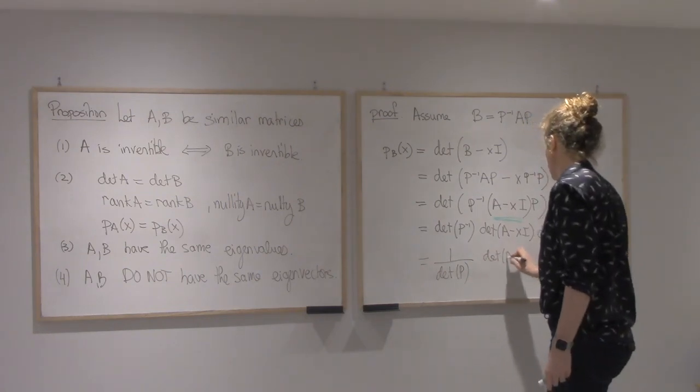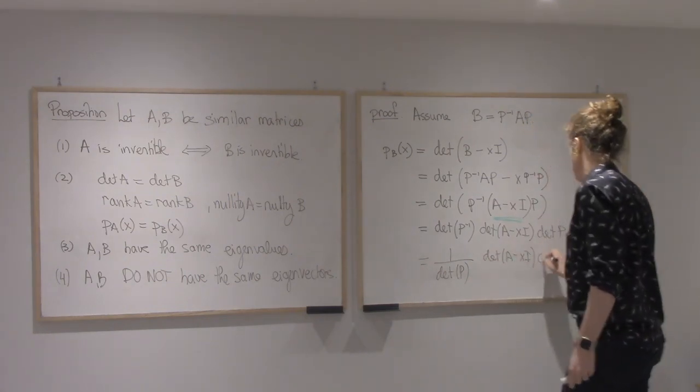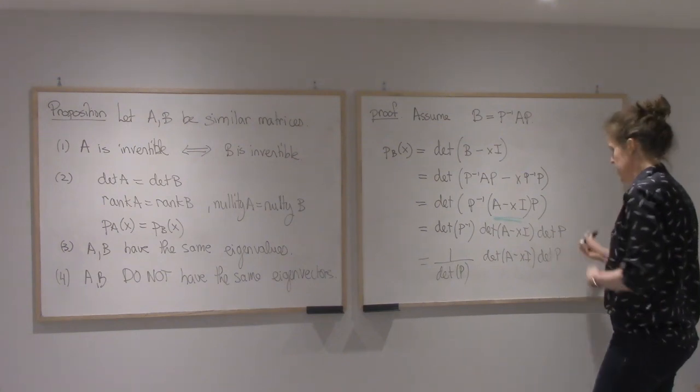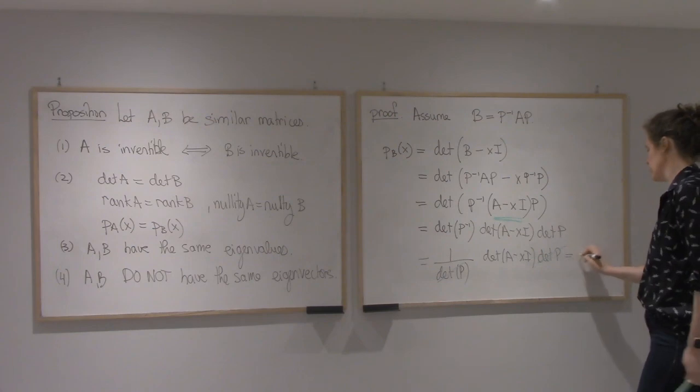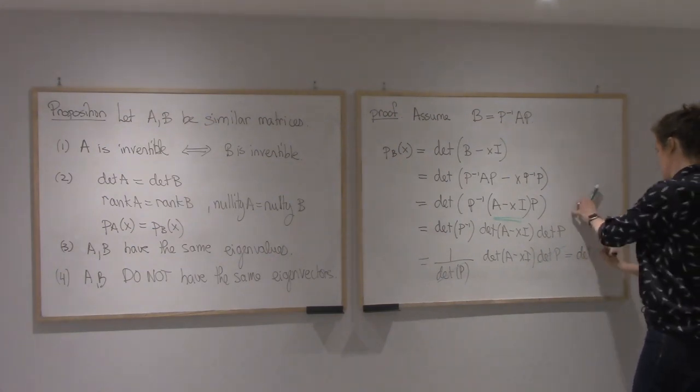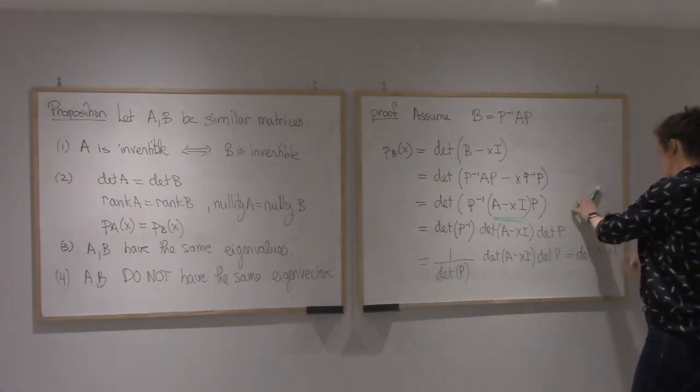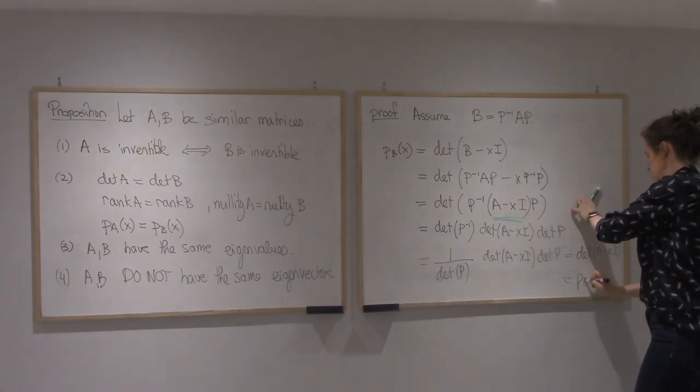This cancels with this, and I'm left with the determinant of A minus xI, which is PA of x.